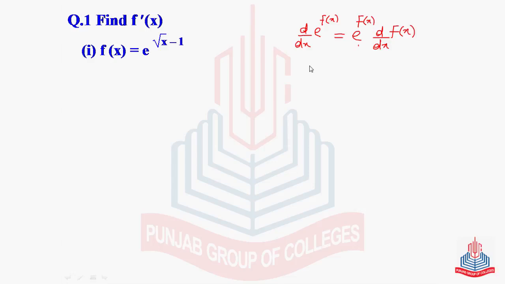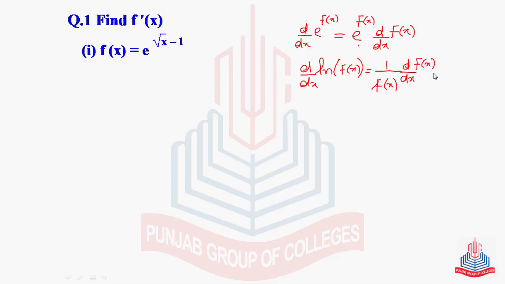And the second kind of questions are like natural log f of x. Then the derivative of such a function will be 1 over f of x, and then the derivative will apply on f of x.